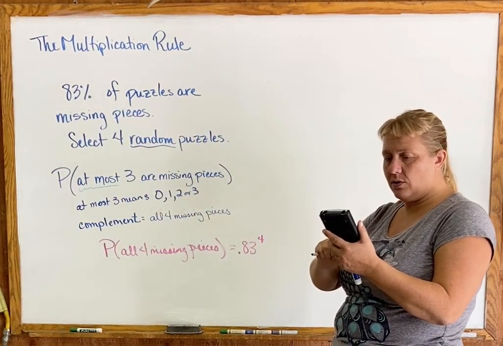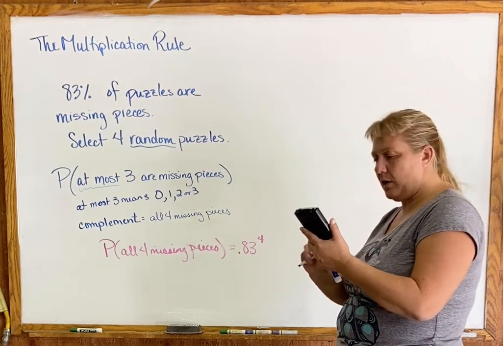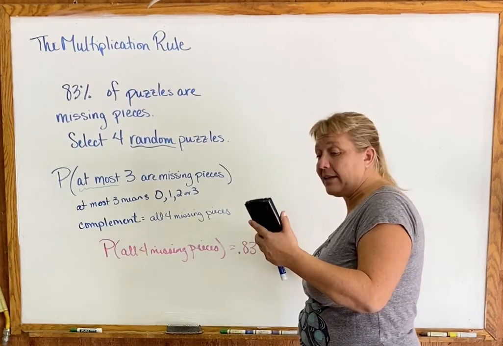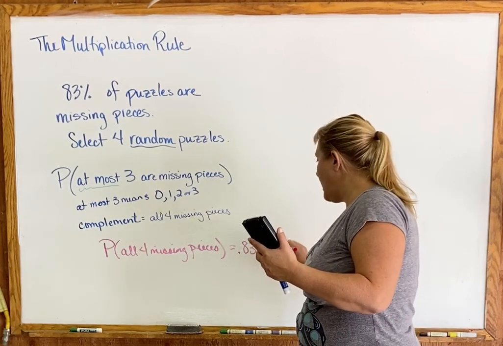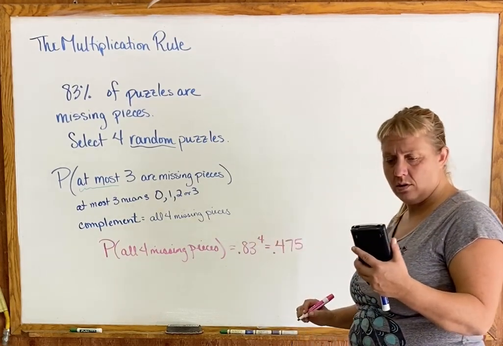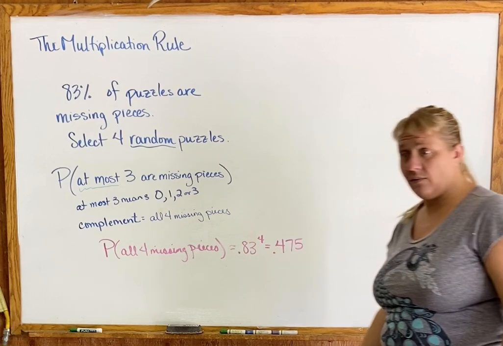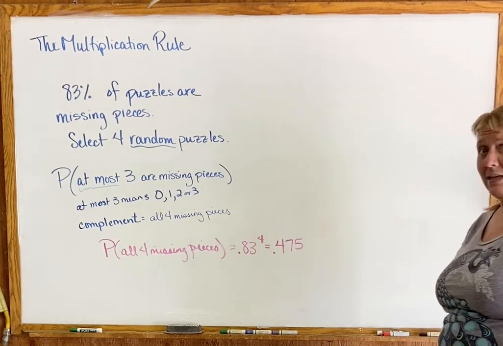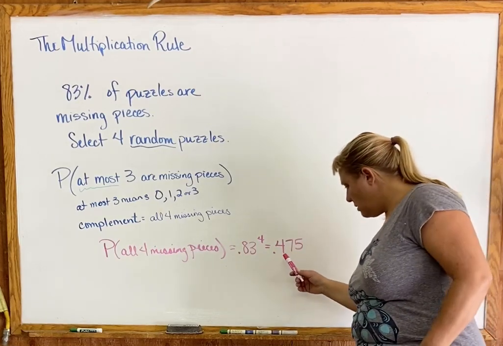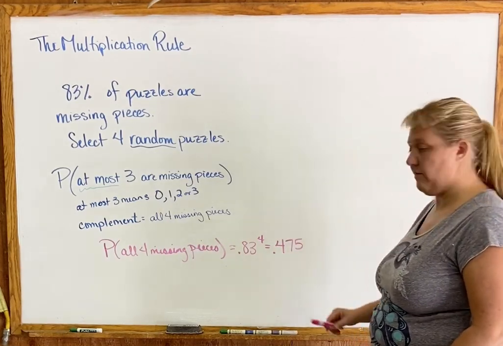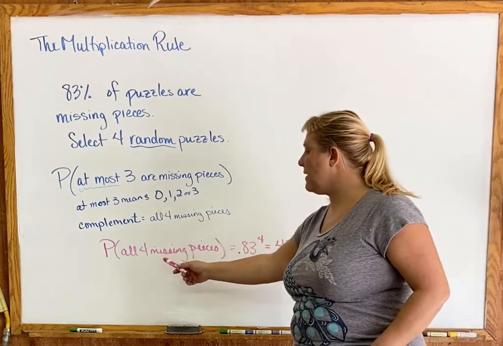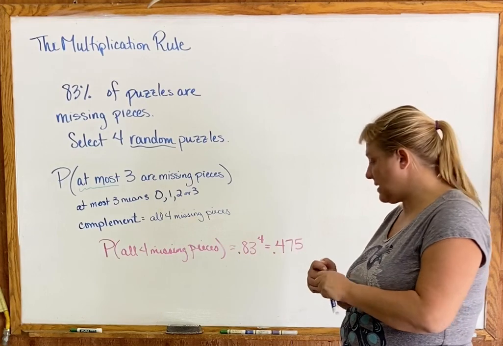Now remember what I said about using your calculator. Just because you're watching me do it doesn't mean that you don't ever have to do it yourself. Make sure that you're practicing this as well, so you're seeing how to plug it into the calculator and what your calculator spits out. Plus you never know when I make a mistake, so let me know if I've made a mistake. Okay, so I got 0.475. Does that look good to everybody? 0.475. That's the probability that all 4 are missing pieces.